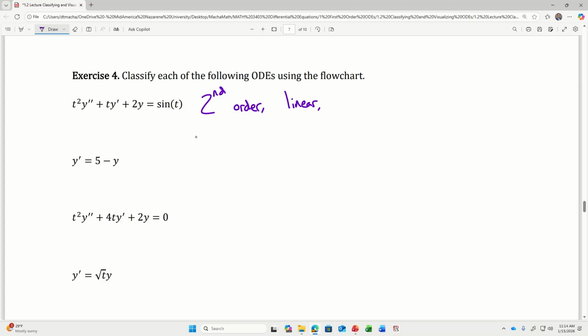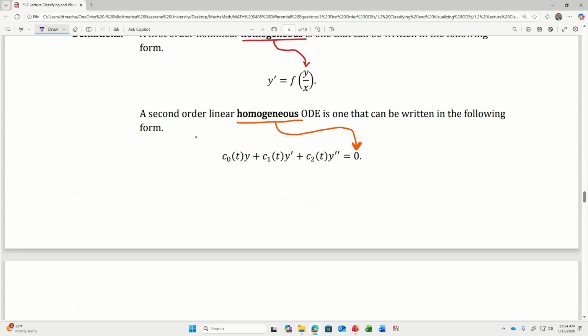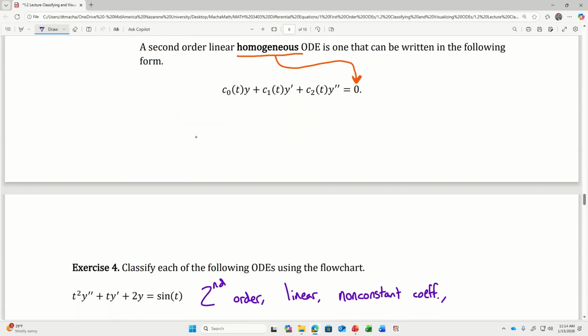So we would call these non-constant coefficients, because t and t squared aren't constants. And then, is this homogeneous or non-homogeneous? Remember, what makes a second order linear ODE homogeneous is that the right-hand side is 0, but this time the right-hand side is not 0. So this is non-homogeneous.